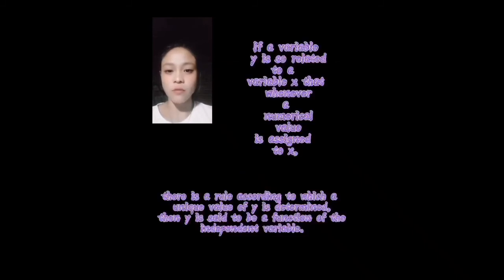Functions are ubiquitous in mathematics and are essential for formulating physical relationships in the sciences. If a variable y is so related to a variable x that whenever a numerical value is assigned to x, there is a rule according to which a unique value of y is determined, then y is said to be a function of the independent variable x.